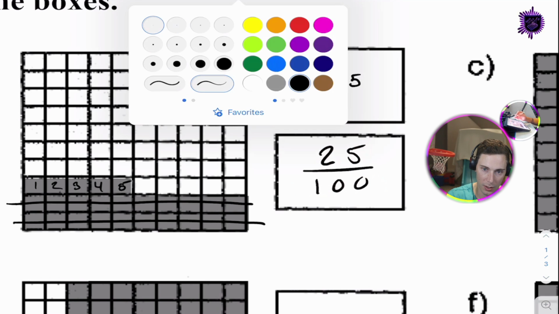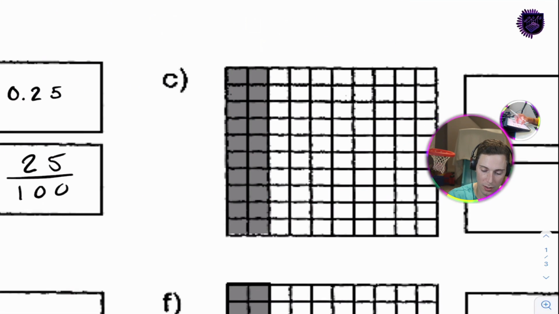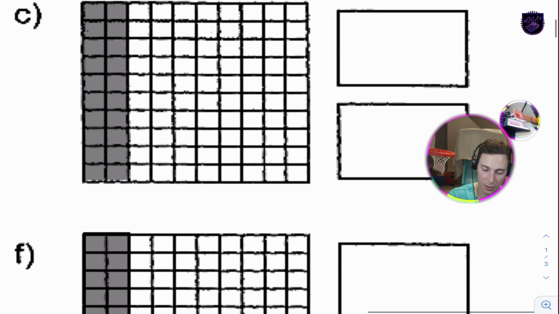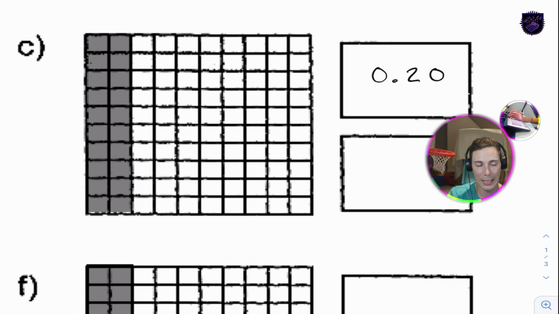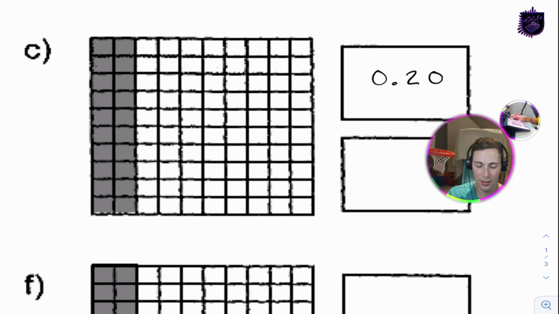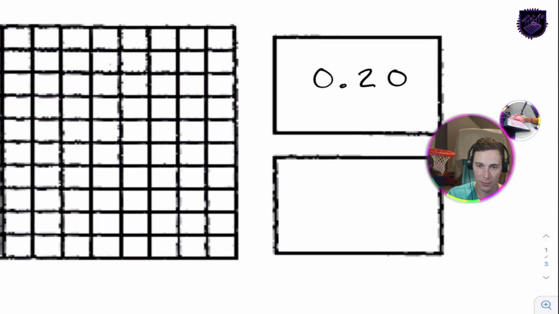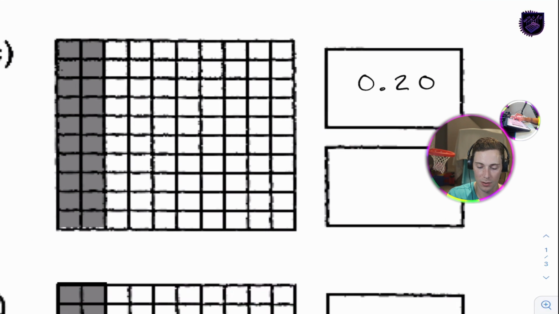So let's go again and look at question C. Now this one, these are all 100 frames. So this one's going to be 0.20. You don't necessarily need to write the 0 in this particular example.